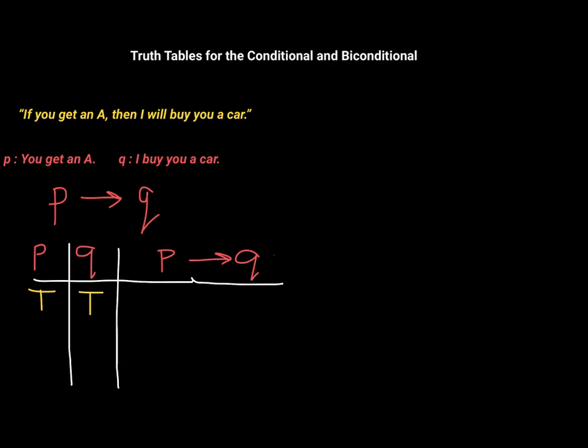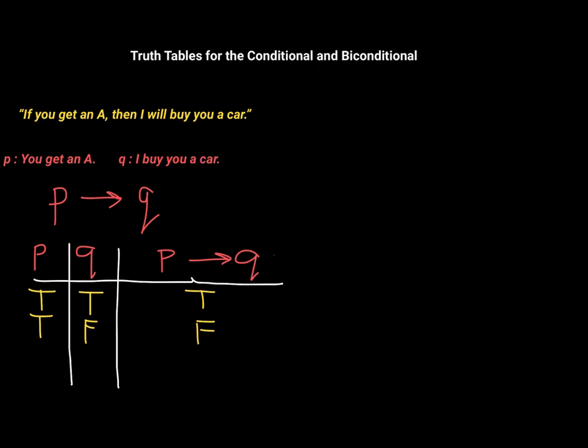If P, then Q. Everything turned out perfectly. Another thing that could happen is you get an A and I don't buy you a car. Of course, this conditional statement is now false, because although the antecedent was true, the consequent was false.